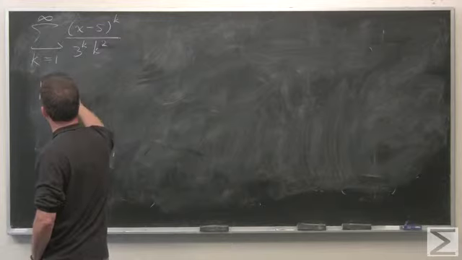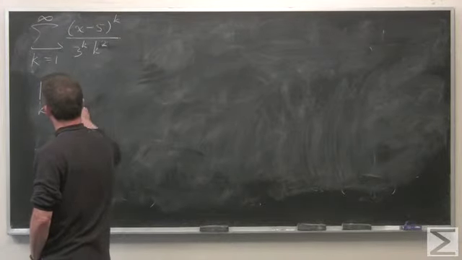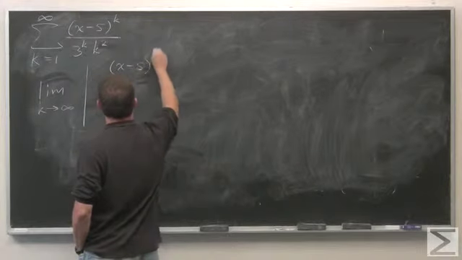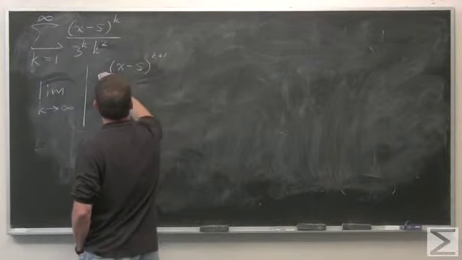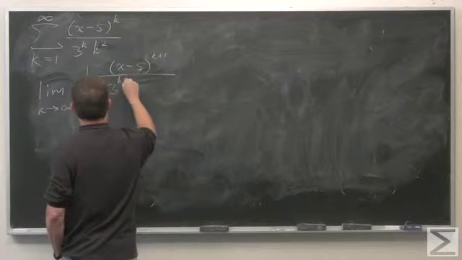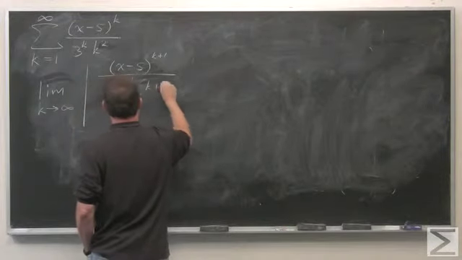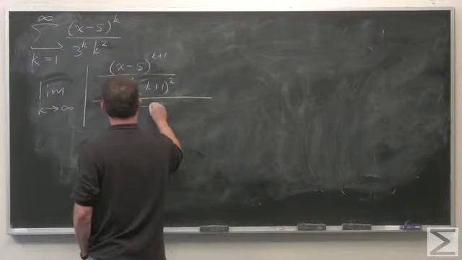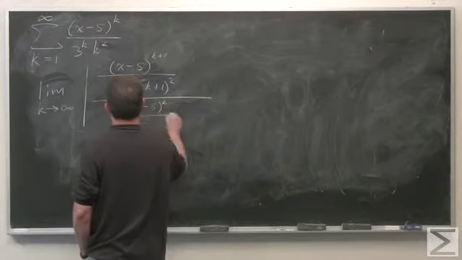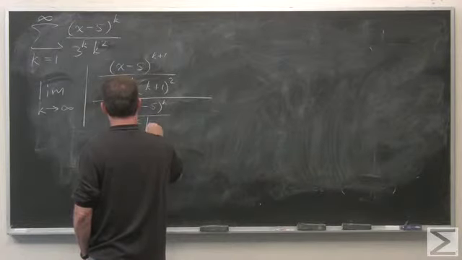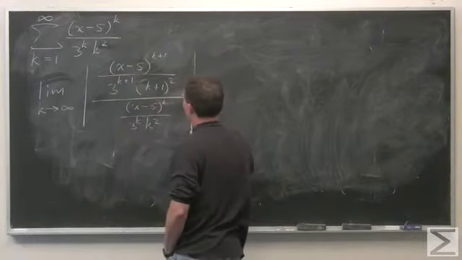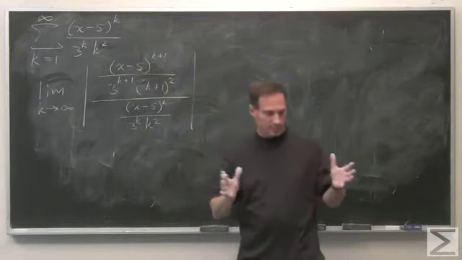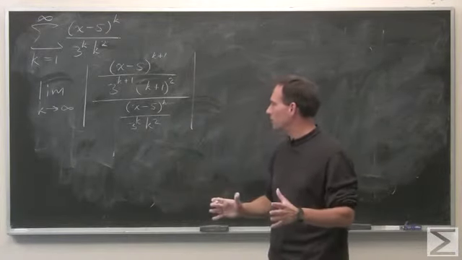So you look at the limit as k goes to infinity of the absolute value of the k plus first term. So you replace all the k's by k plus 1s, and you divide by the kth term. And you need to look at this limit. You invert, you multiply, and it helps to collect the parts of this expression that look similar.